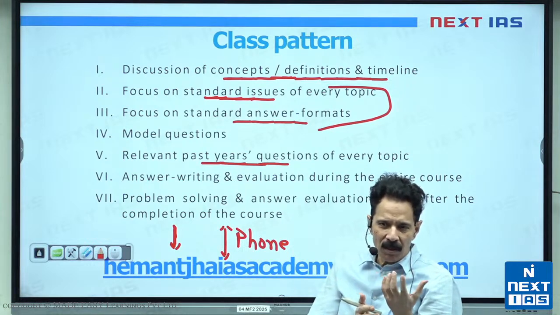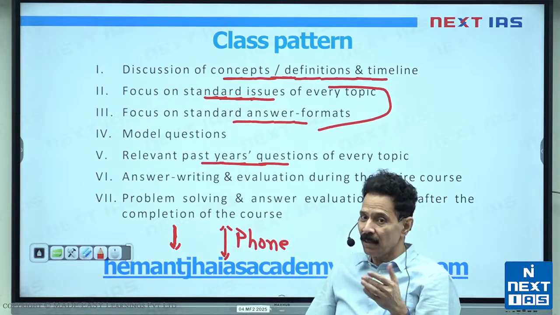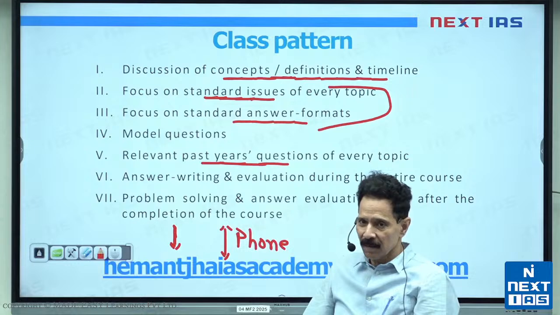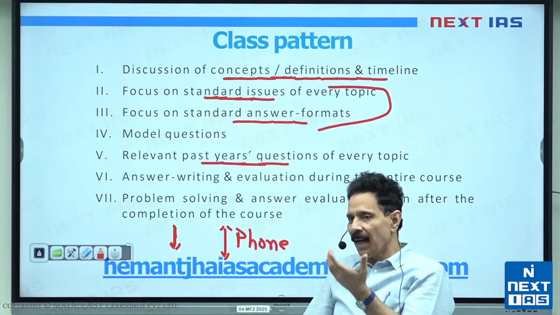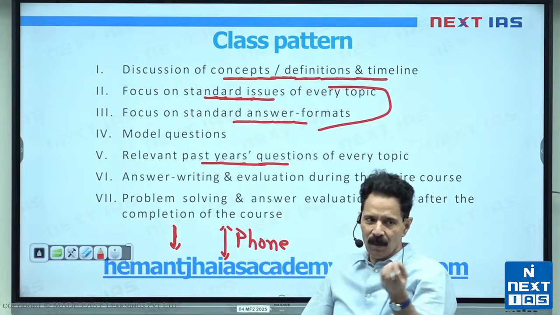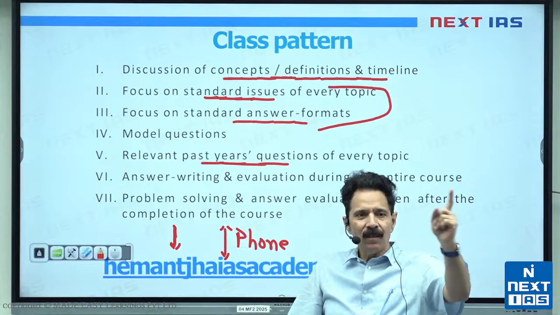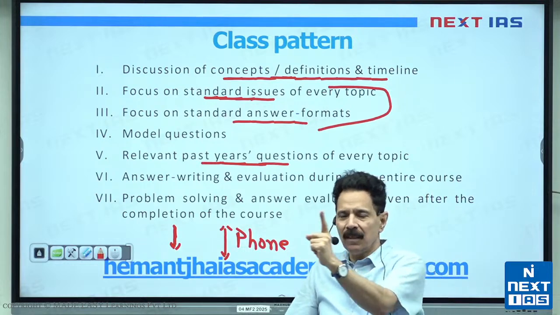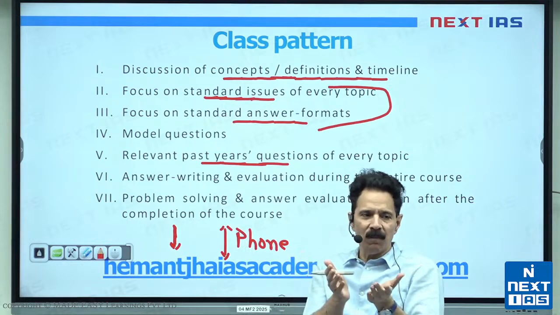The only solution is this, and this solution is there everywhere, but in history this solution is greater because current affairs is not there. It depends on the teacher's knowledge and his skill and his knack. So once you are aware that this is the topic, American Revolution, and these are its standard issues, just focus on that. We will do everything about the American Revolution.